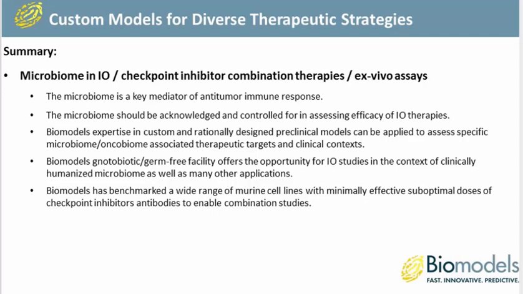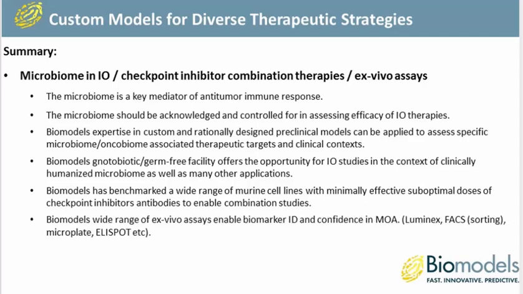I didn't mention this specifically, but we've benchmarked a wide range of murine cell lines and established minimally effective suboptimal doses for a number of the checkpoint inhibitor antibodies to enable combination studies with those antibodies. And we offer a wide range of ex vivo assays to enable biomarker identification, confidence, and mechanisms of action.